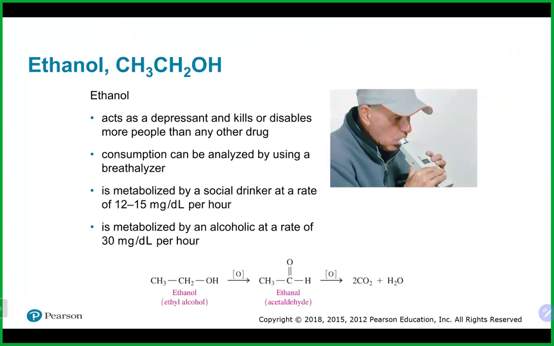Ethanol, obviously, as we just talked about, is our alcohol, and again, oxidizing to an aldehyde, and it can be oxidized down there to CO2 and water. And that is what you get from the carboxylic acid, which basically decomposes into CO2 and water.